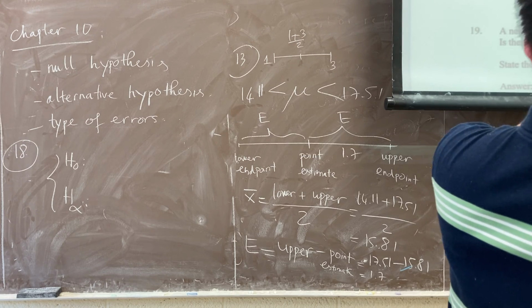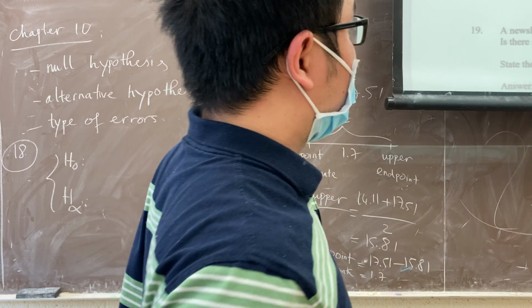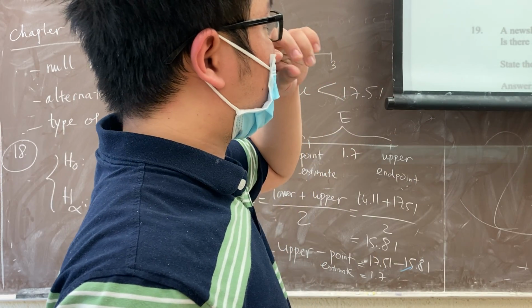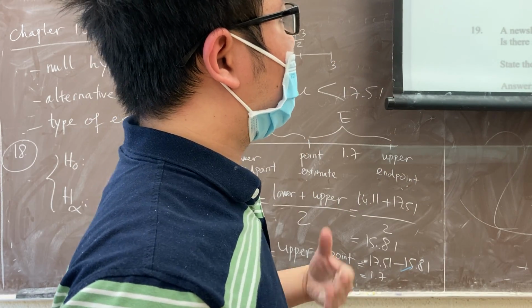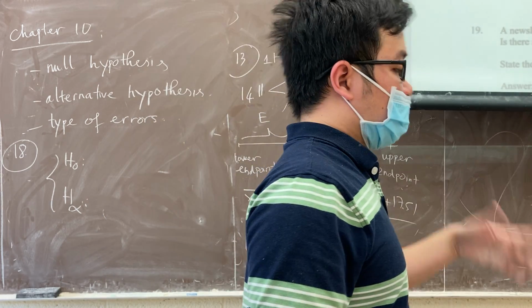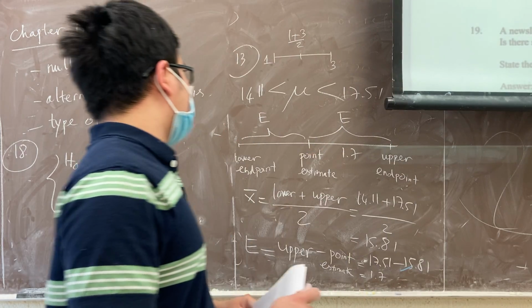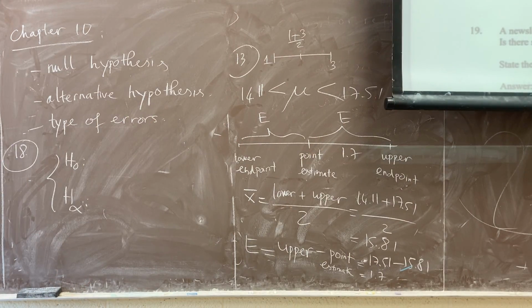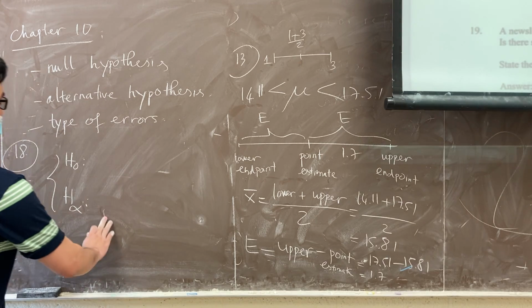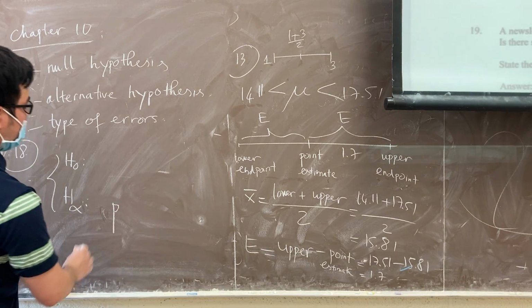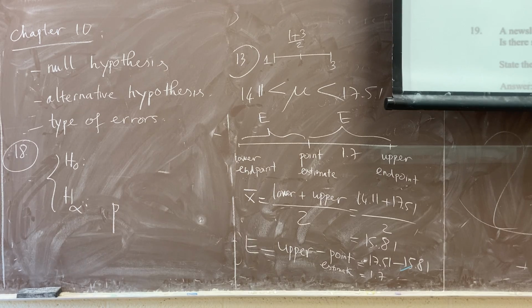In this question, they give you that a Leicester publisher believes that about 30%. Okay, a percentage here means that they ask you for the null and alternative hypotheses about the population proportion, right? So the population proportion will be denoted by P.